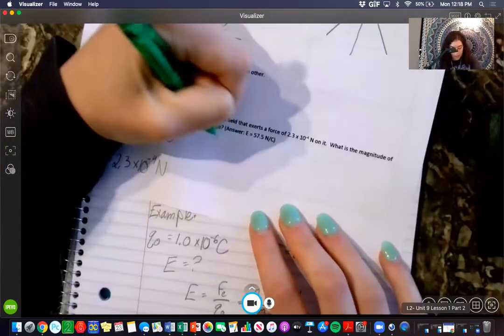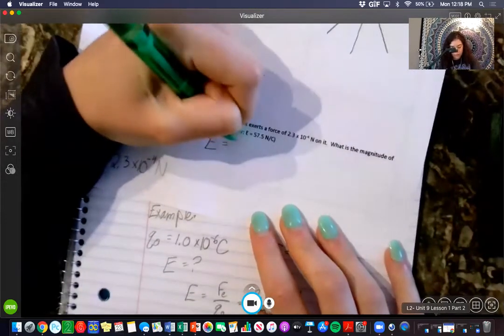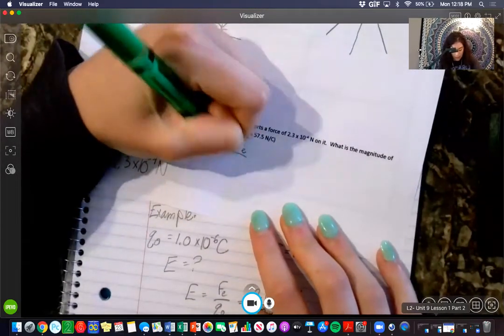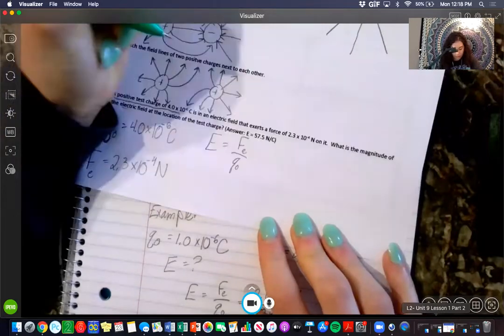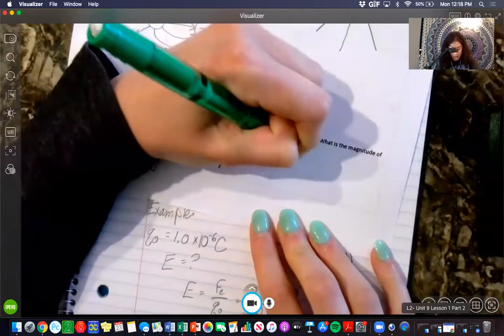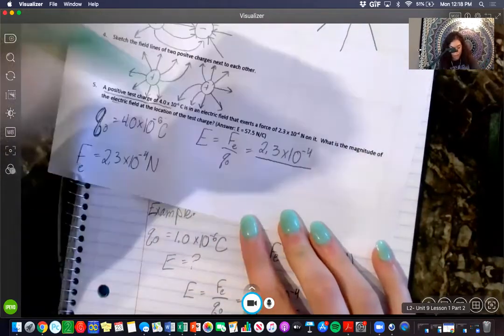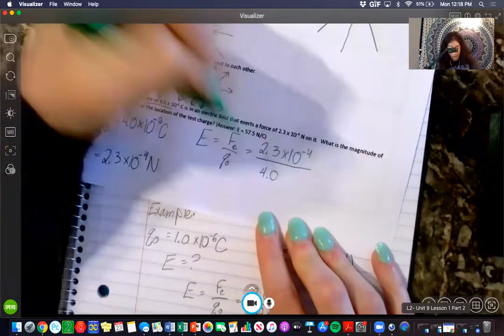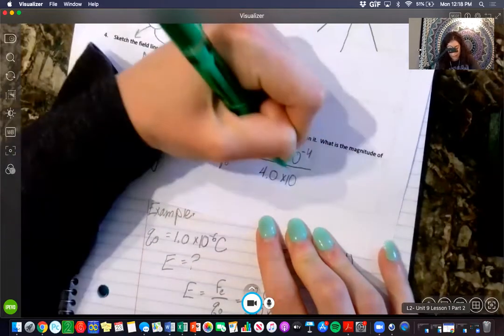I know that E equals the force divided by the charge. So that's going to be 2.3 times 10 to the negative 4 divided by 4.0 times 10 to the negative 6.